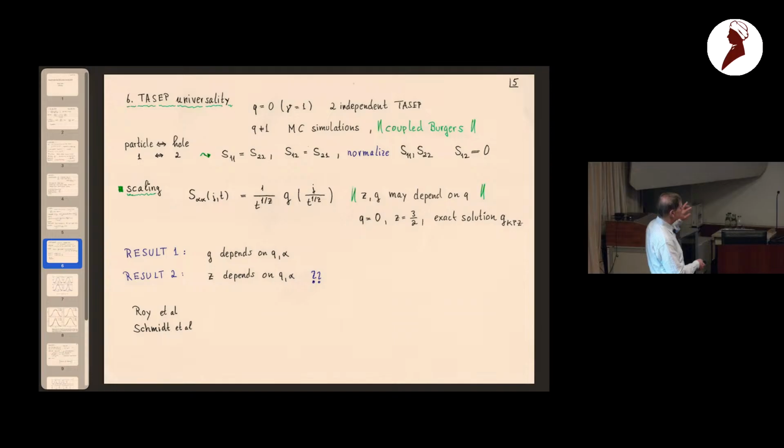Now, if you do this normalization condition, then once you have done this rotation and dilation, the cross term of the static correlator is actually 0. And you only have to look at the two diagonal things. So when you see the numerical simulation, you will always see two pictures, one for the 1,1 and the other one for the 2,2. And this one is trivially 0.